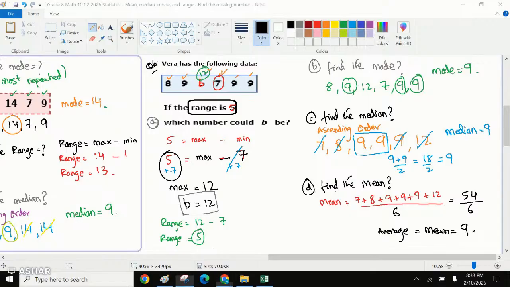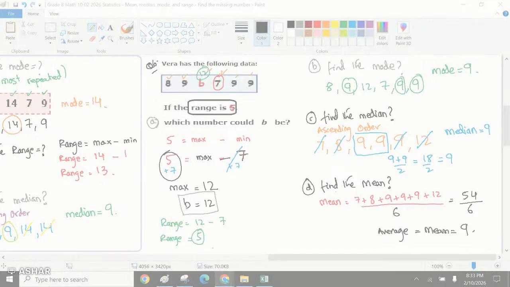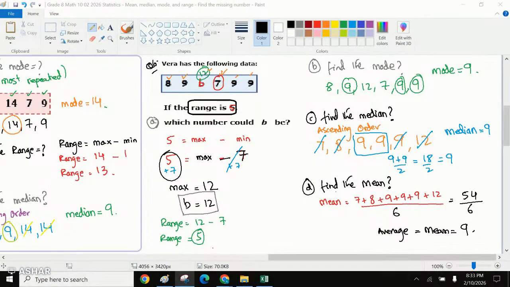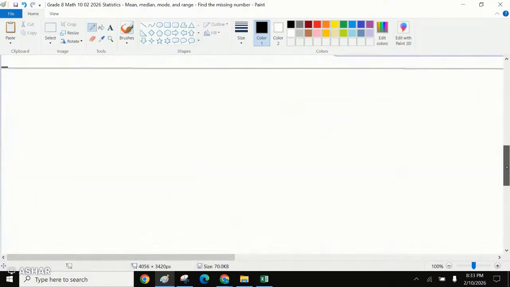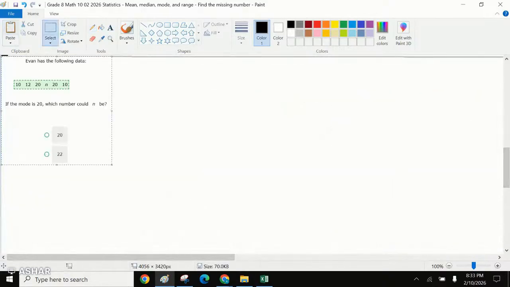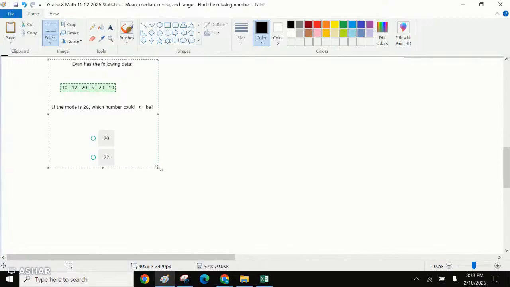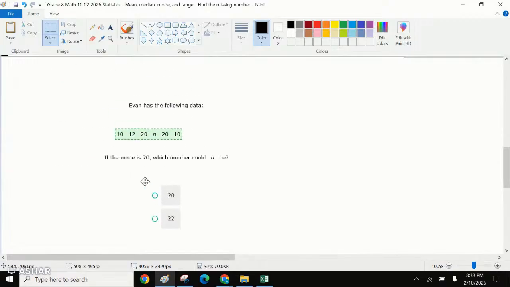The question number 1 in the test says Evan has the following data. There are 30 questions in total, so that you can practice more. This is the information that has been given to us.